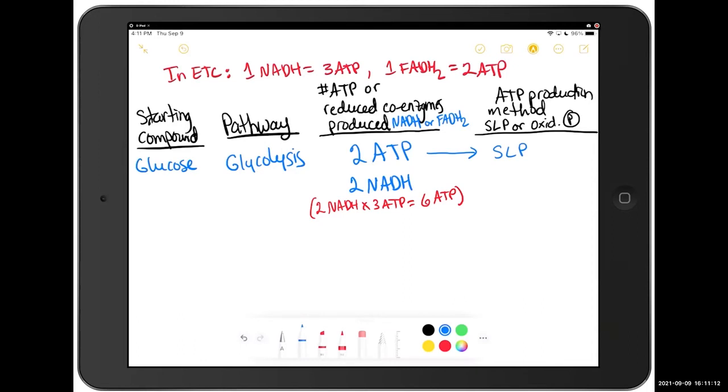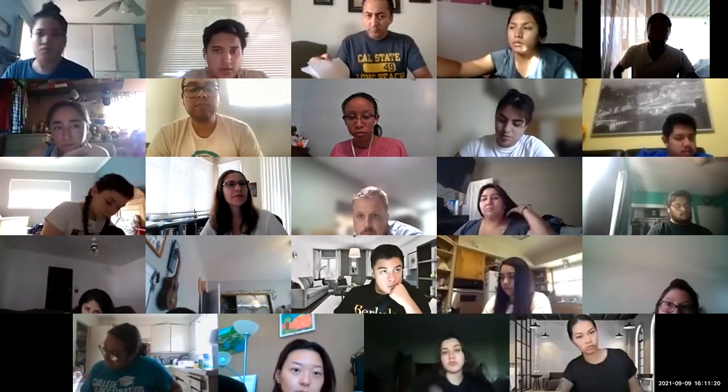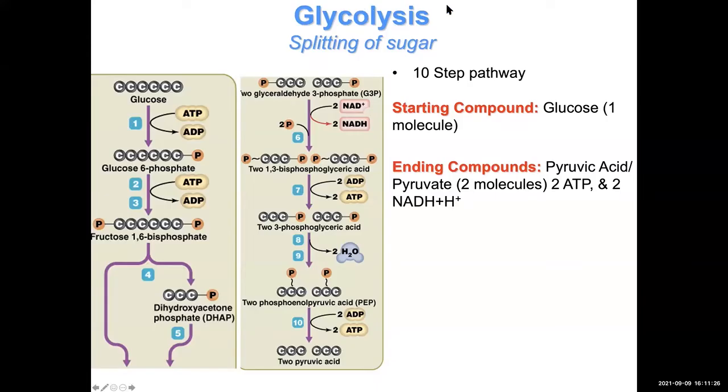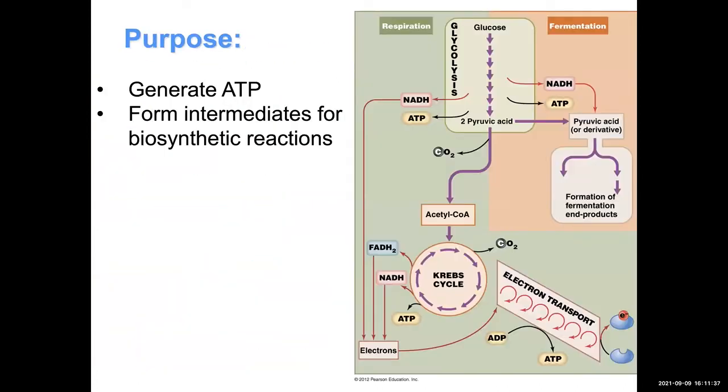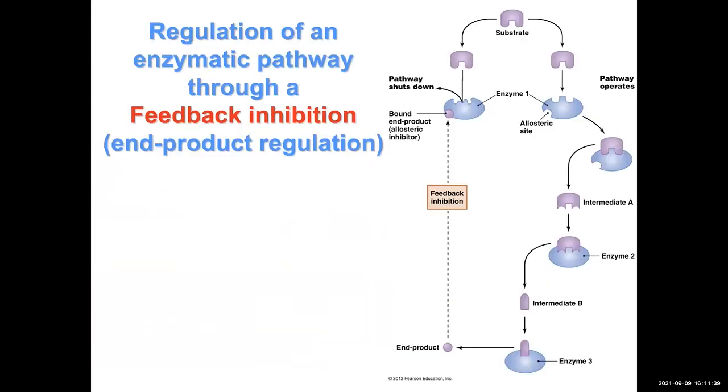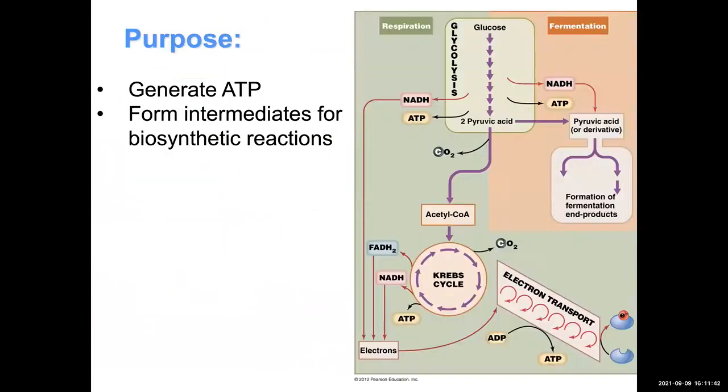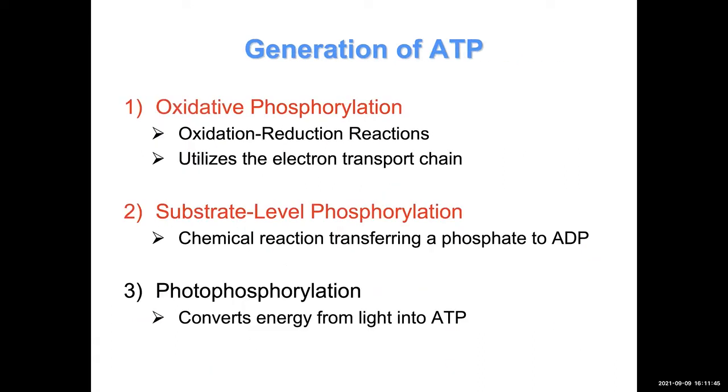If we go back, here. Substrate level phosphorylation means that we're transferring a phosphate to ADP.